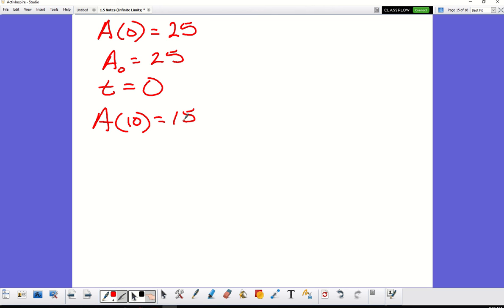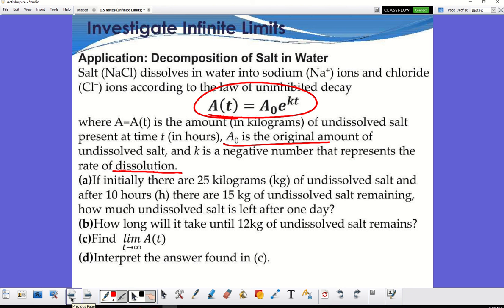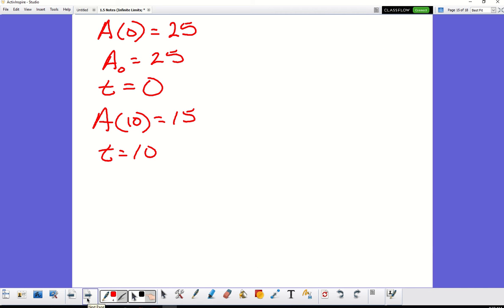That means that after a certain point, my T is 10, and my output is 15, right? Do we know the rate? No. Okay, right here: how much undissolved salt is left after 1 day? So I've got to figure out the rate now.